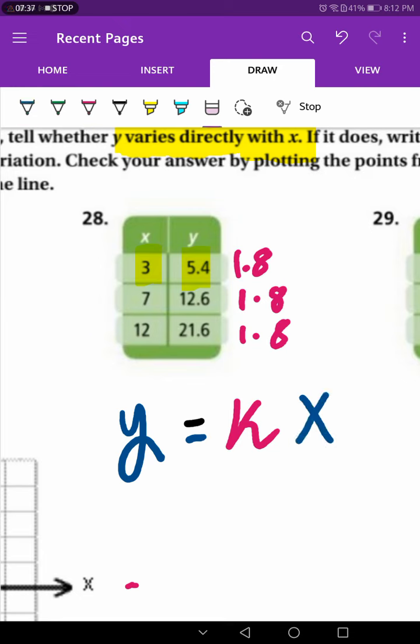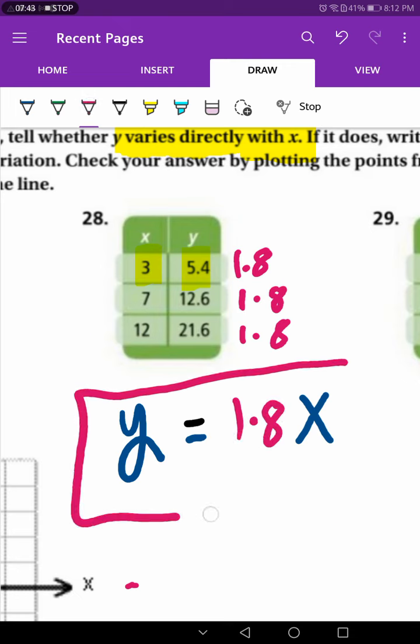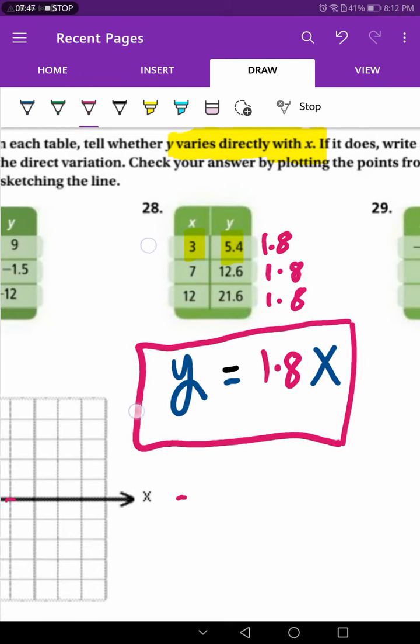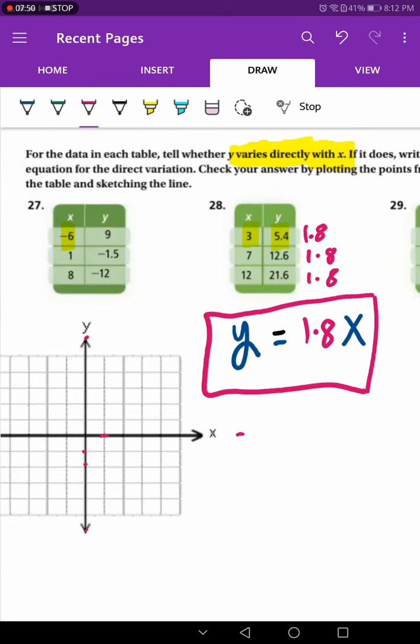I replace the k by 1.8. So this is the equation of direct variation, and I can plot the points here, and I will get a line like this one. The line passes through the origin, so all direct variation lines pass through the origin.